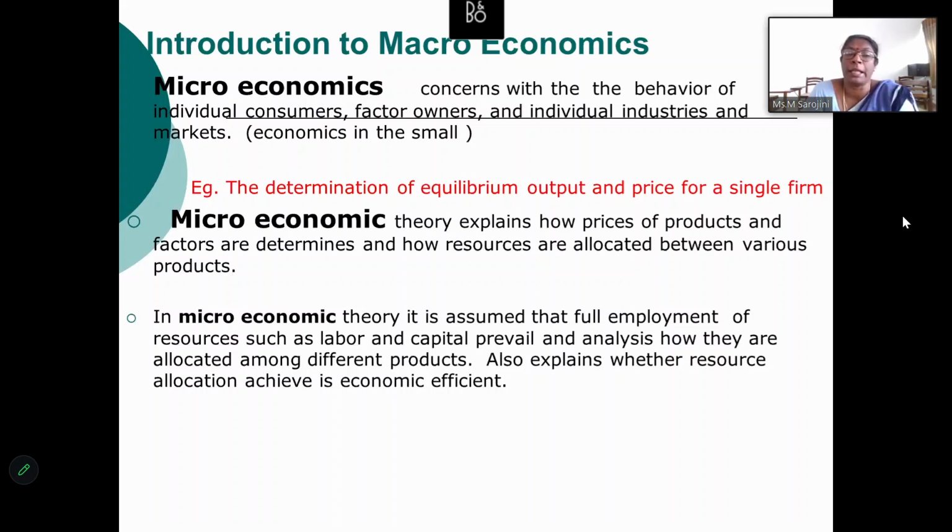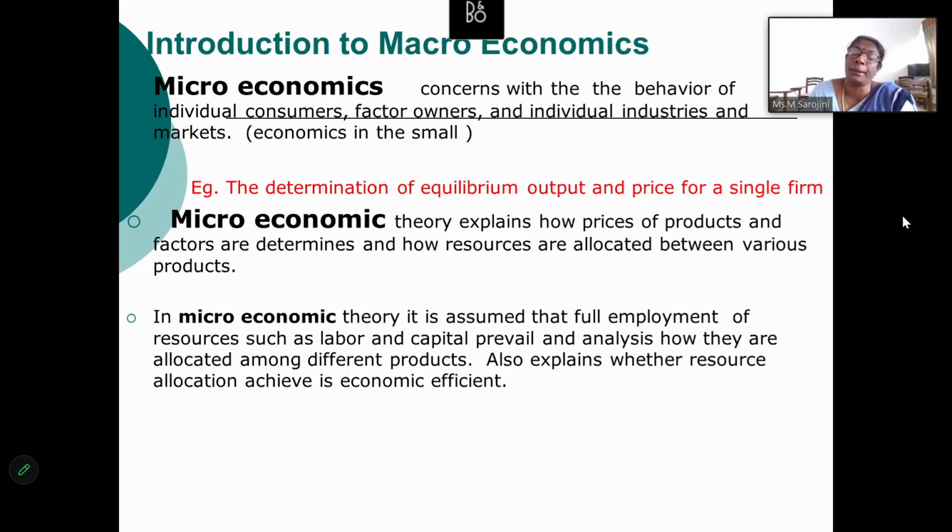Also, microeconomic theory explains how prices of products and factors are determined and how resources are allocated between various products, right? Based on the market equilibrium. That means based on the determination of the price and quantity, the resources or factors are allocated between the products. For example, once there is higher demand for rice, more resources are allocated towards rice, right?